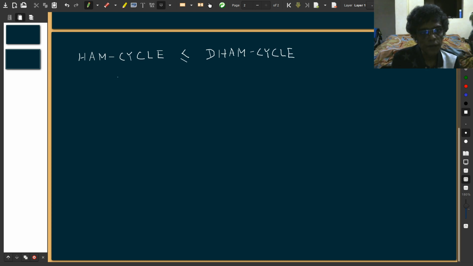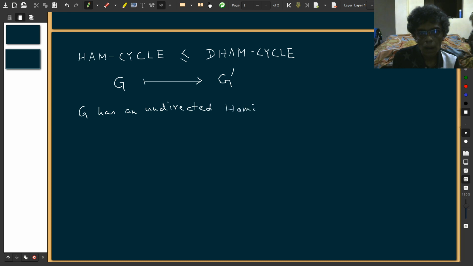So the idea is, given an undirected graph G, I want to construct a directed graph G prime such that G has an undirected Hamiltonian cycle if and only if G prime has a directed Hamiltonian cycle.